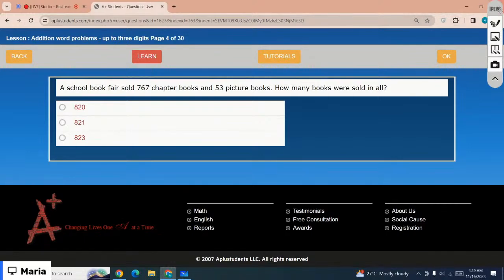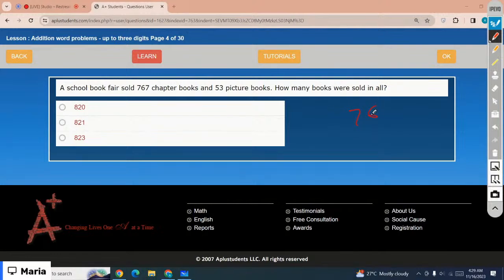So let's just add 767 plus 53, right? So start adding from the ones digit: 7, 8, 9, 10.